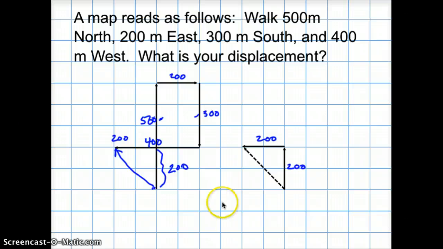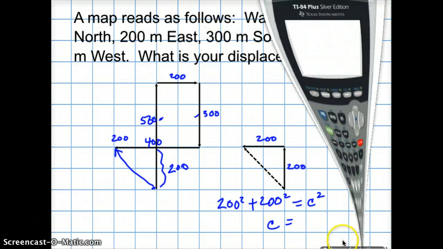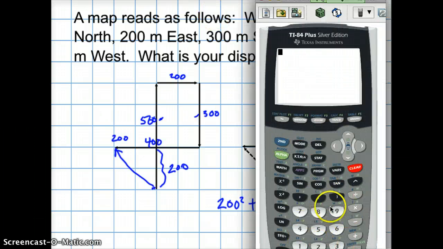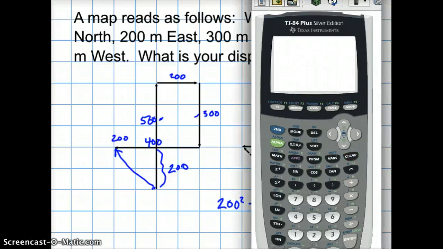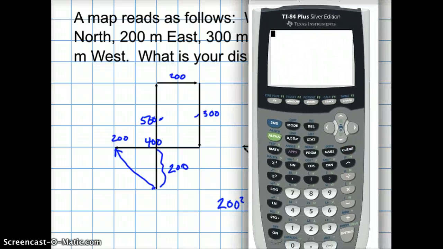I'm going to use Pythagorean, so 200 squared plus 200 squared is going to equal C squared. So C is going to be equal to, I've got to move this up so I can hit the buttons. So 200 squared plus 200 squared, hit enter, and then second square root.